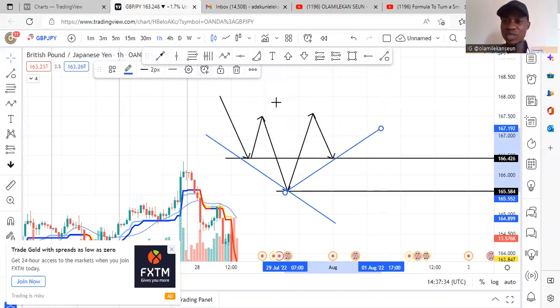So if you are an aggressive trader, you can enter the market at this point.